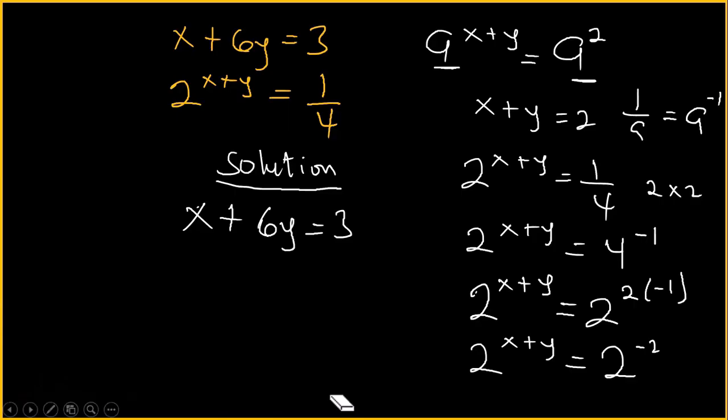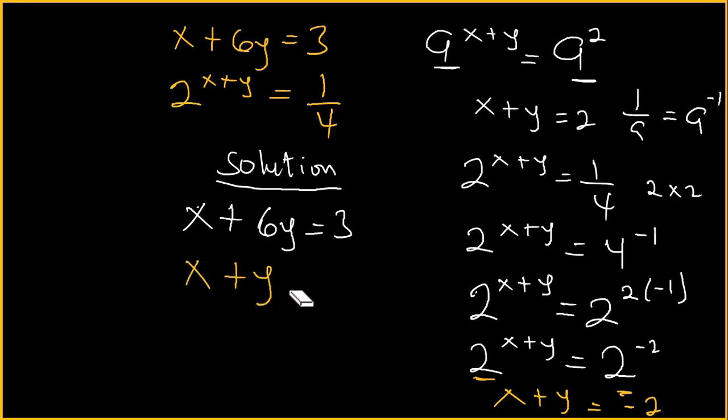So we have 2, I have 2. Now the exponent, x plus y equals negative 2. And this is the linear form of this exponential. So I'm going to write this linear in place of this: x plus y equals -2.